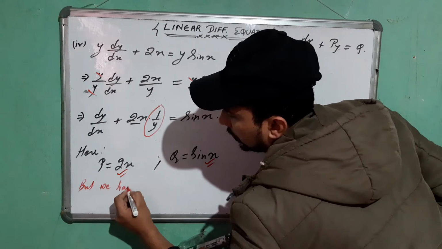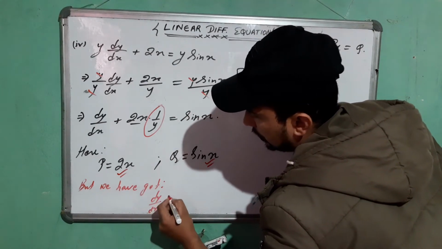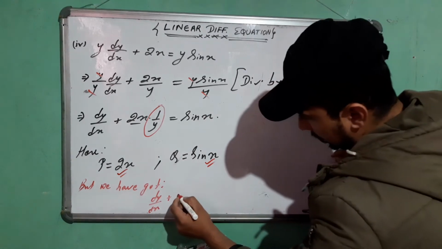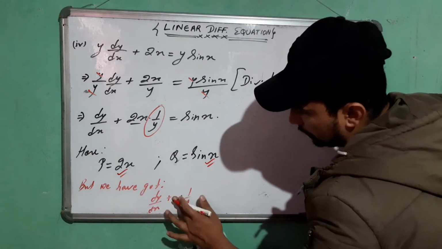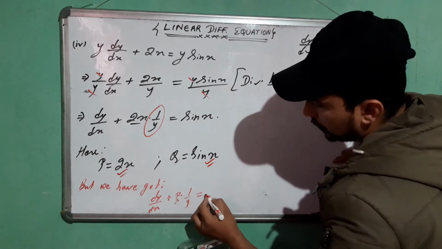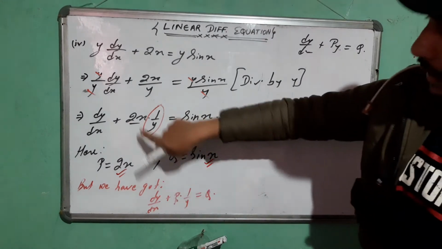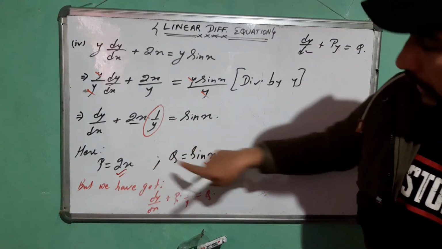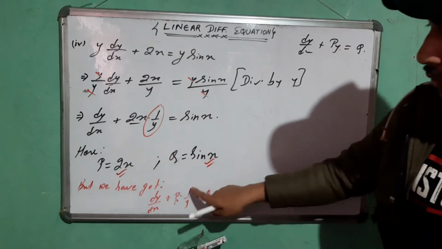We have got dy dx plus p 1 by y equals to q. Instead of this, 2x is p, and this is q. Here, instead of getting y, we have got 1 by y.